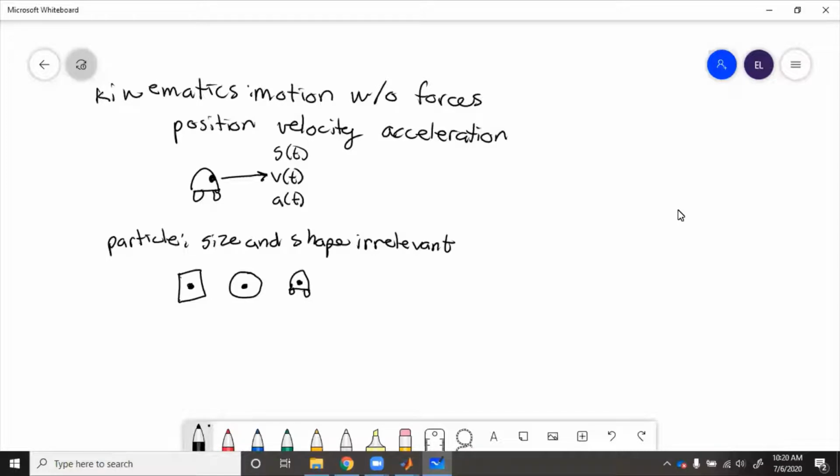Questions? Okay. Now, these things, position, velocity, acceleration, and time, they're all related to each other. So the four variables to keep track of.